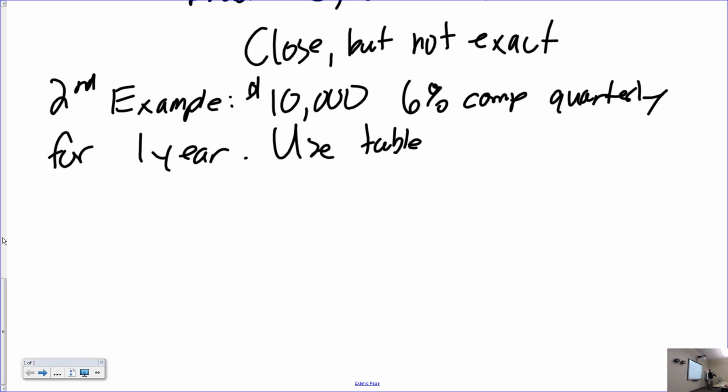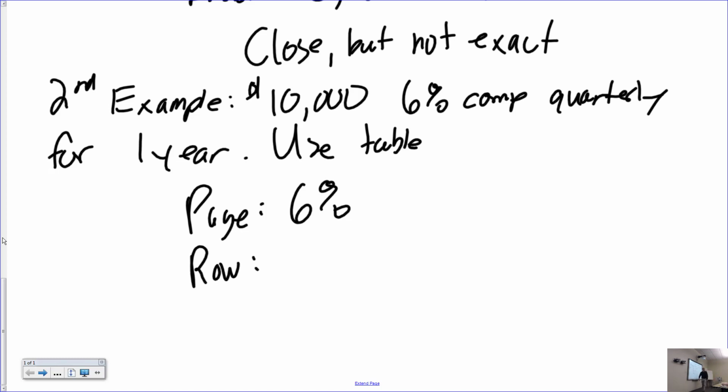So, theoretically, folks, what page am I going to go to? 6%, because that's what our interest is, right? What row on that page are we going to look on? 4. Why 4? 4 periods.